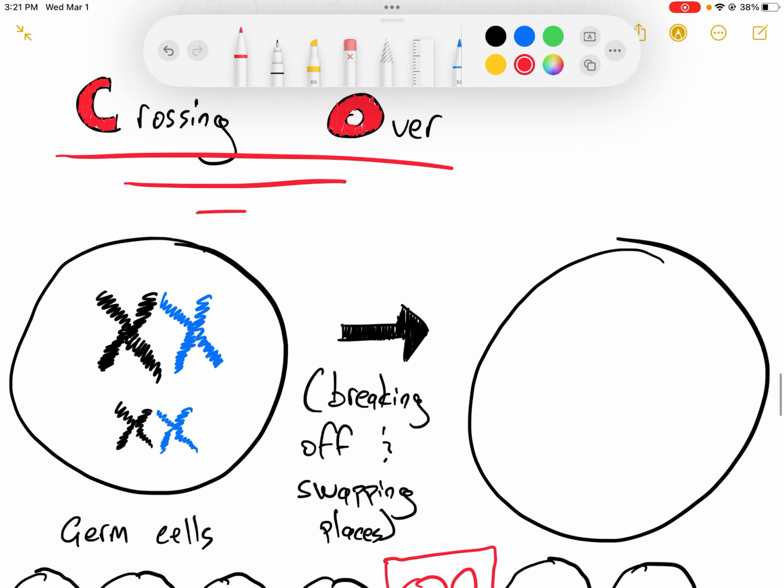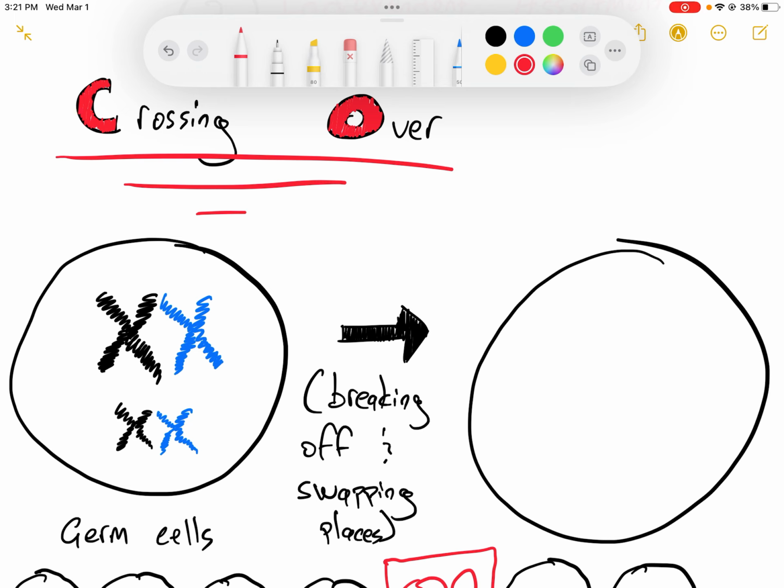Okay, so crossing over. You guys should have one of these drawn already, but we have a cell with black chromosomes on the left and blue chromosomes on the right. Now in crossing over, these chromosomes are so close together that some of the blue chromosome is going to get attached to the black chromosome, and some of the black chromosome is going to get attached to the blue chromosome.